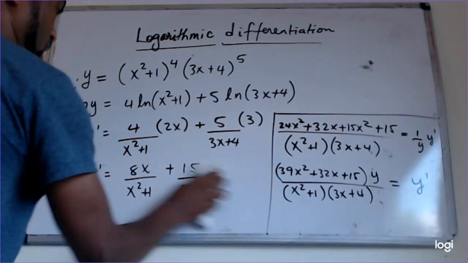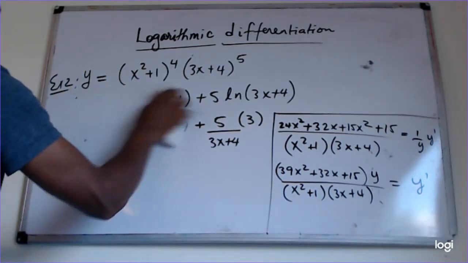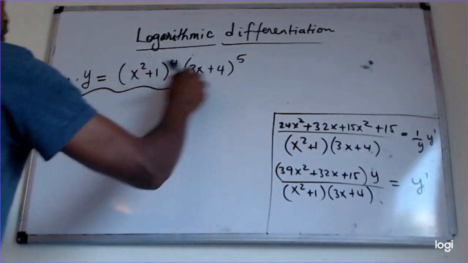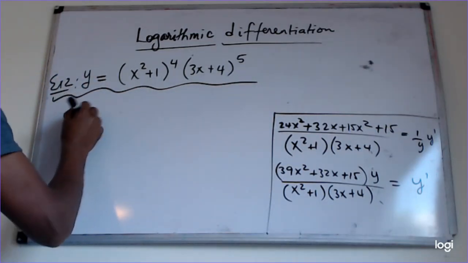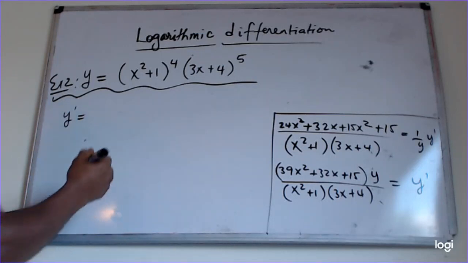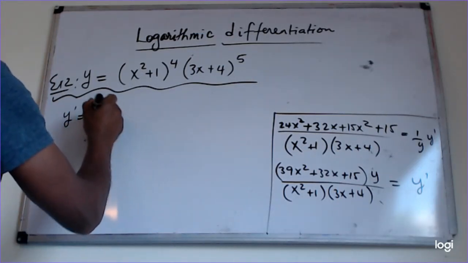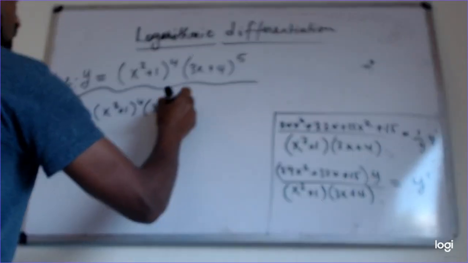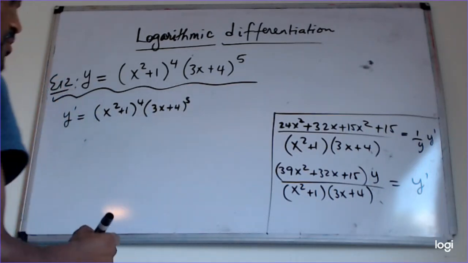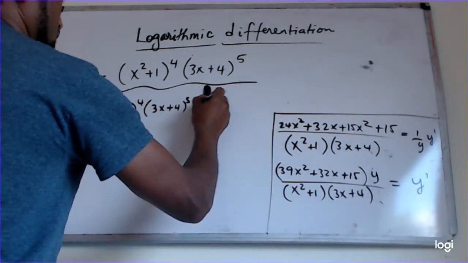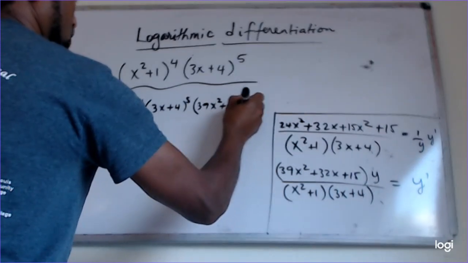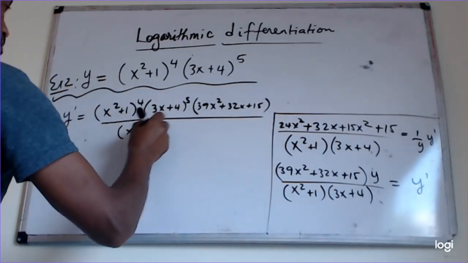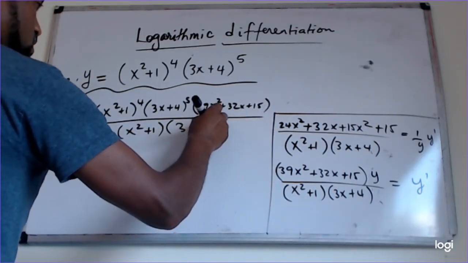I'm going to replace my y by the original function, which is right here. So therefore, y prime, which is also, by the way, denoted as dy dx, if you wanted to do that, it's going to be x squared plus 1 to the power of 4 times 3x plus 4 to the power of 5 times 39x squared plus 32x plus 15, I'm sorry, I'm all over, divided by x squared plus 1 times 3x plus 4.